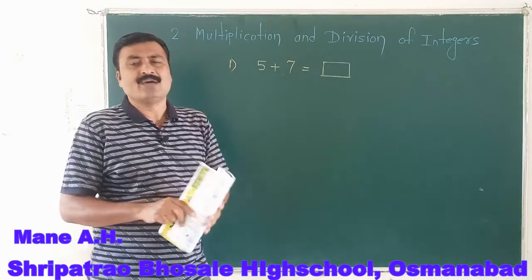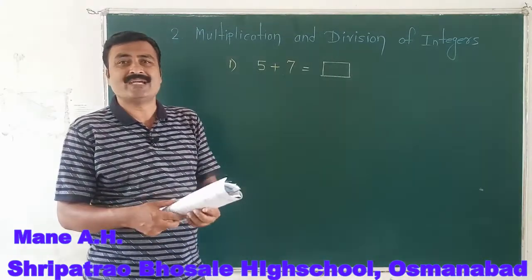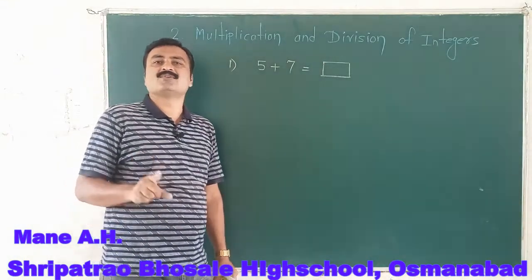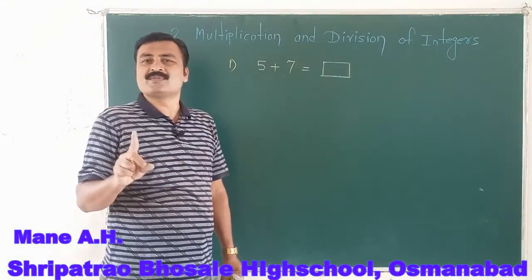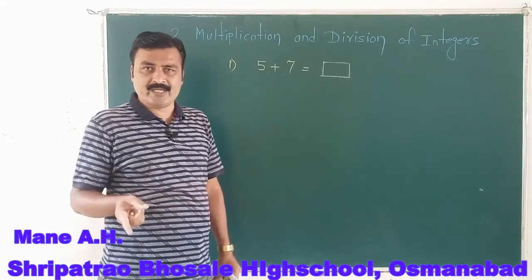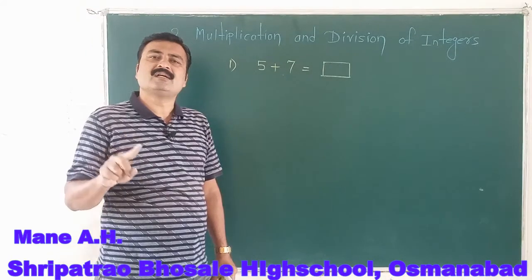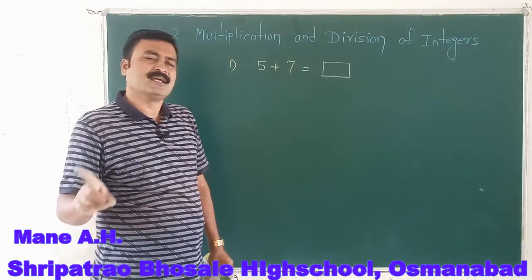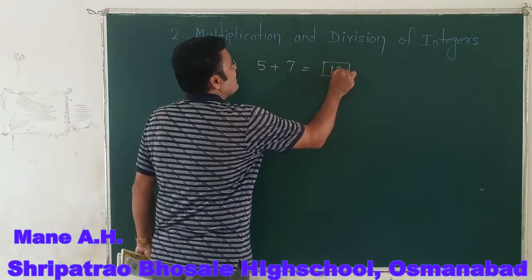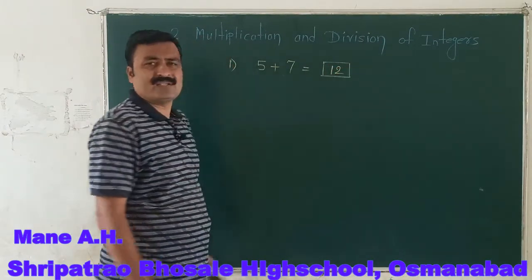So we learn that when we add two positive integers, their sum also comes in the form of a positive integer. दोन धनपूर्णांक संख्यांची बेरीज ही नेहमी धनपूर्णांक संख्याच असते हे आपण पाहिलं. म्हणून 5 plus 7, in the box we can write the answer as simply 12.